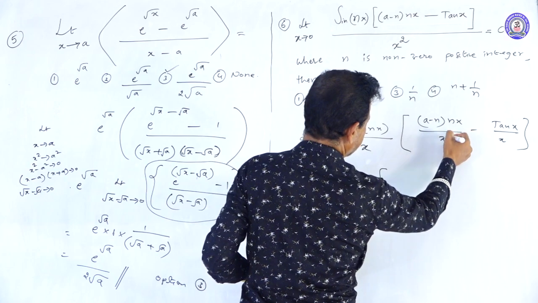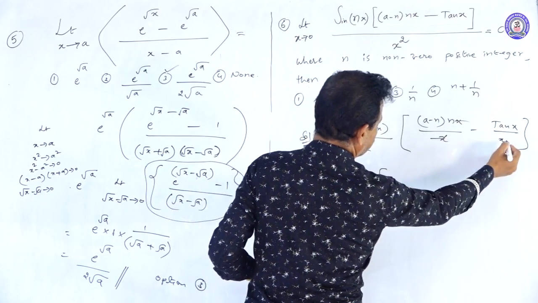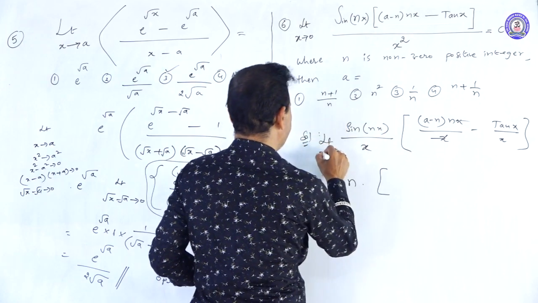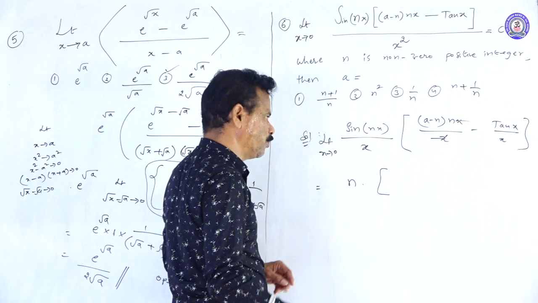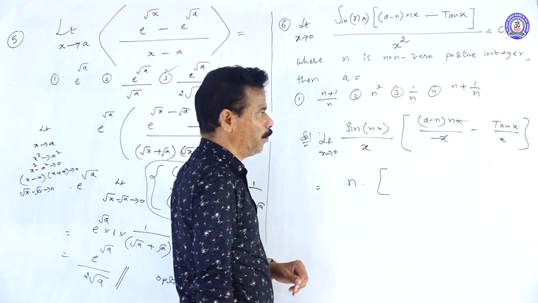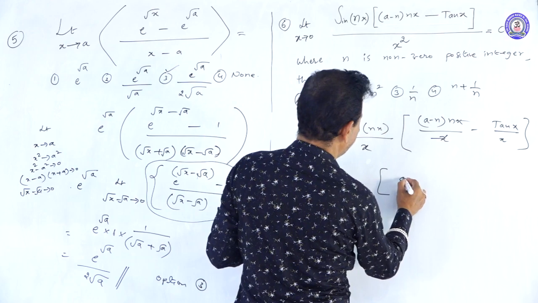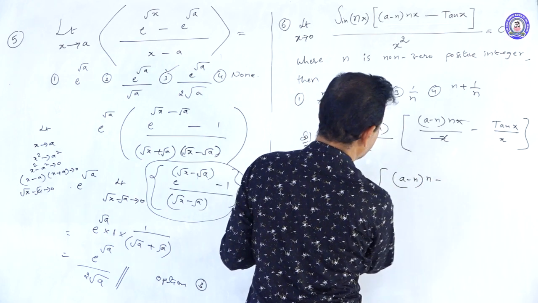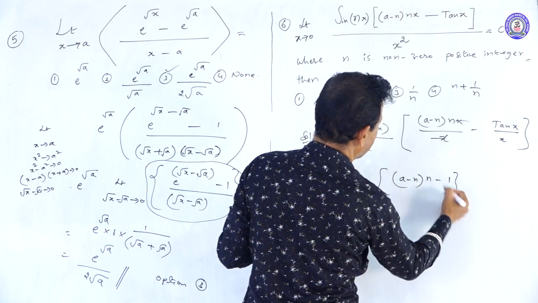This x gets cancelled. Tan x by x, whereas limit tends to 0, is 1. Limit tends to 0, 1 means n tends to also 0. So remaining here is a minus n into n minus this value tends to 0. This is 1.